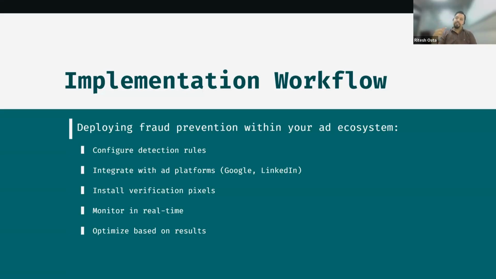Install verification pixels, so you've got to put the verification pixels there. Monitor in real time, so there will be real-time monitoring of these ads and also of the landing pages and other places. And optimize based on that. So a lot of stuff will be automated. That means these fraud blocker tools will block the bots from filling up the form or doing a button click and so on, so that you don't waste your money on ads.